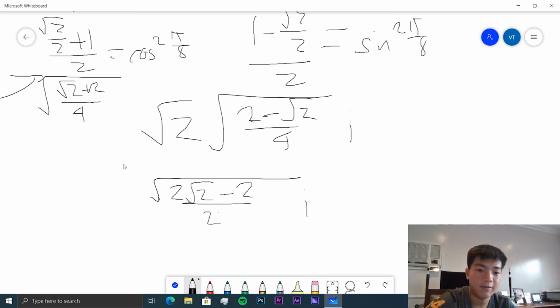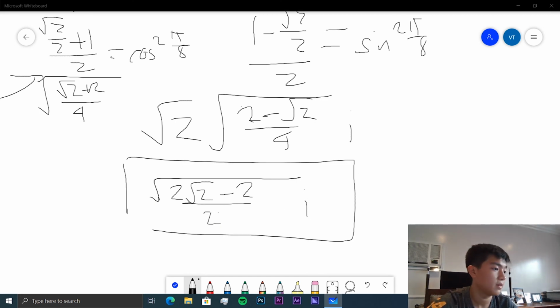This is the exact form of the imaginary part. So let's just check this. So square root of 2 root 2 minus 2 divided by 2. So yeah, this is approximately equal to the correct answer.